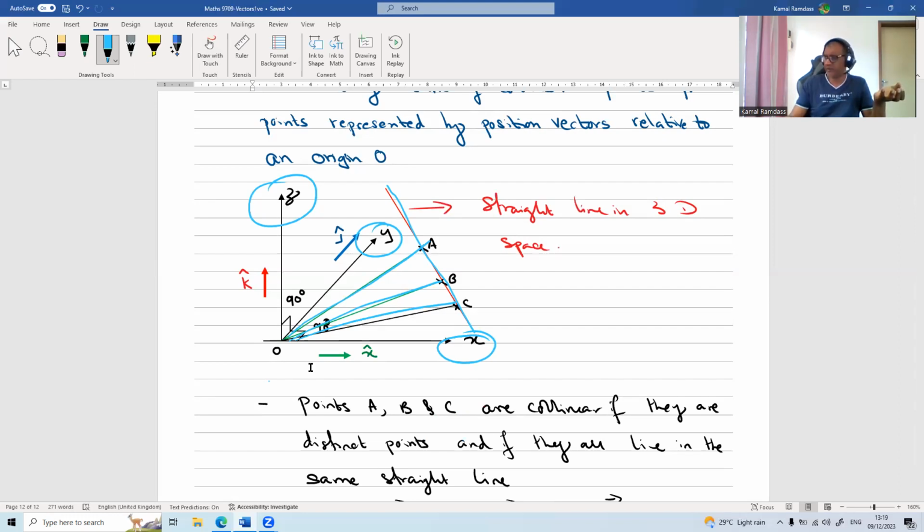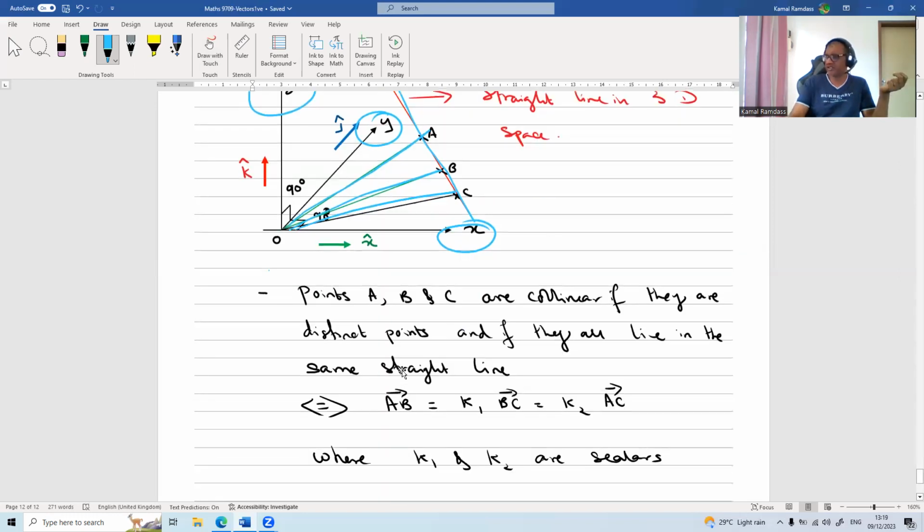OK? Points ABC are collinear if they are distinct points, they cannot be the same point, and if they all lie on the same straight line.